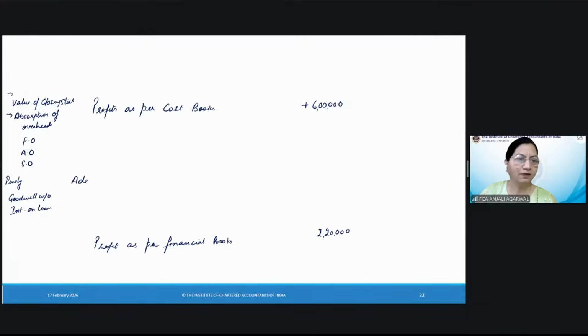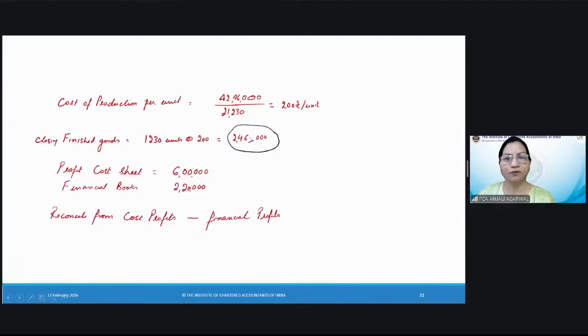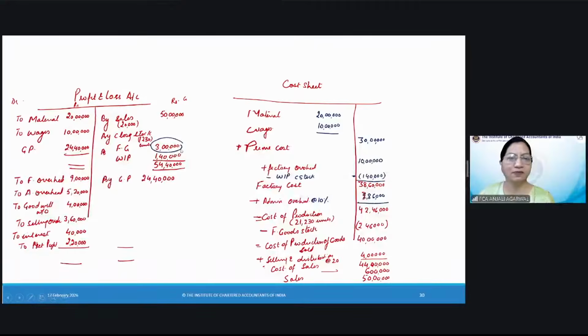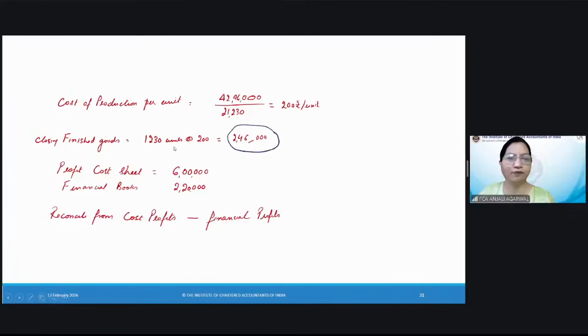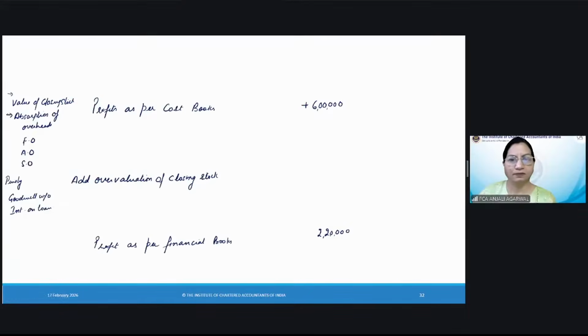Add overvaluation of closing stock. By how much? 246 and 3 lakh, so this is overvalued by 54,000. So this is the add item.